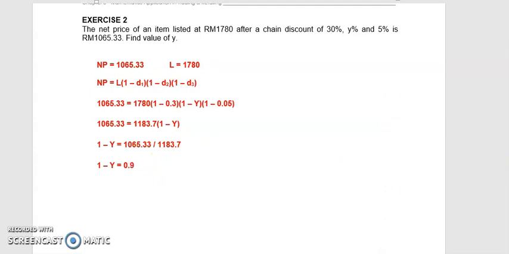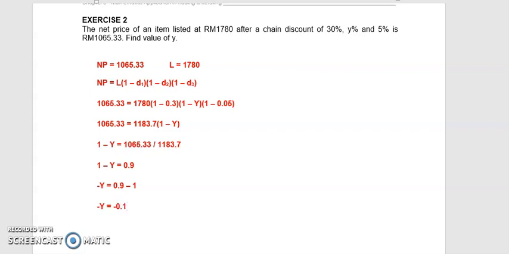So that is 1 minus, sorry, 1 minus y. So we just want value y. So negative y equal to 0.9 minus 1. Okay, so positive 1 you bring to right hand side become minus 1. So negative y equivalent to 0.9 minus 1 is negative 0.1.